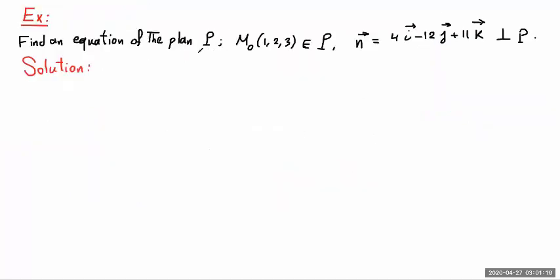Exercise. Find an equation of the plane P passing through the point M0 and orthogonal to the vector N given here.